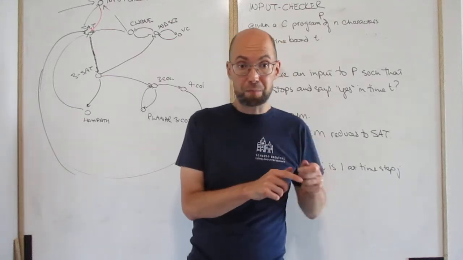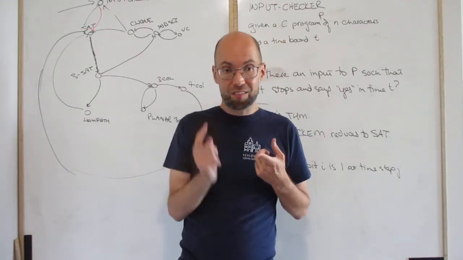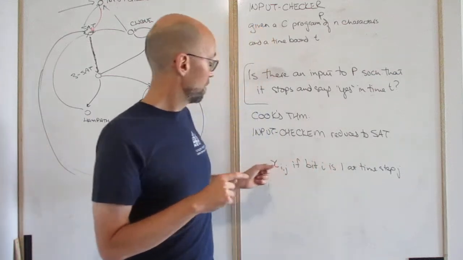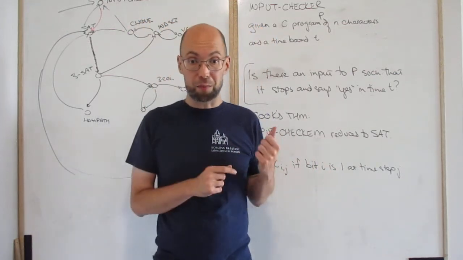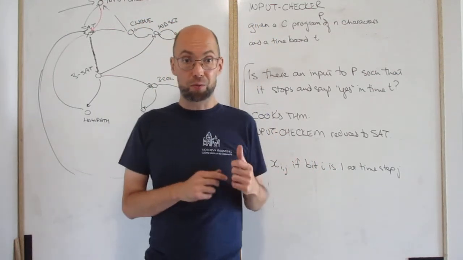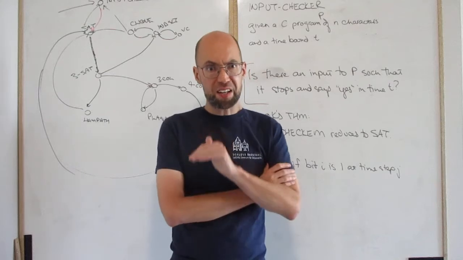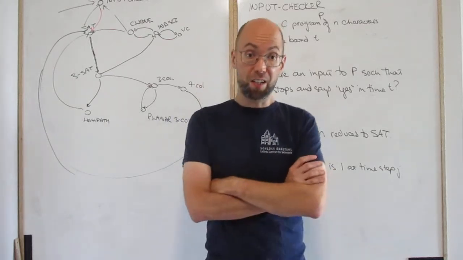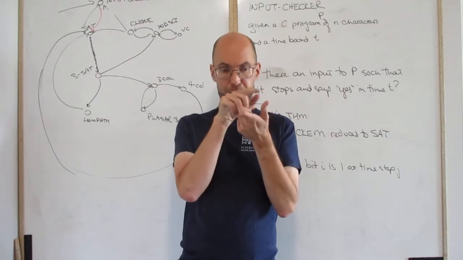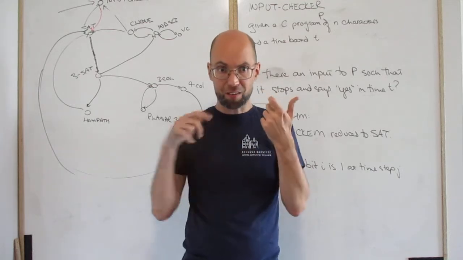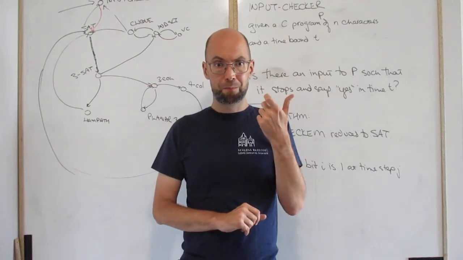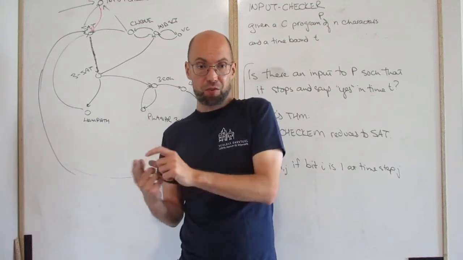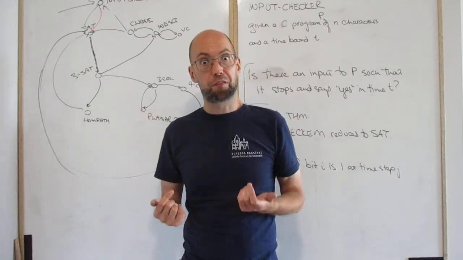If it's not looking at a bit, then the bit is the same in time step j plus 1 as it was in time step j. So you have to write a formula for every bit and every time step, saying, if the pointer in the CPU is not at this memory address, then the bit is true if and only if it was true on the last time step.